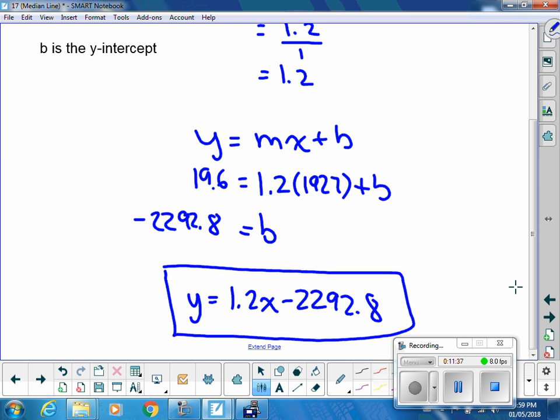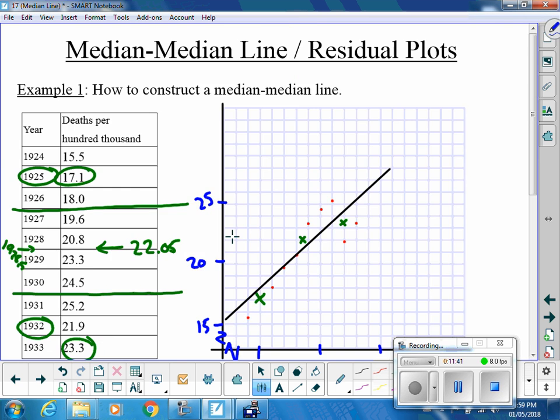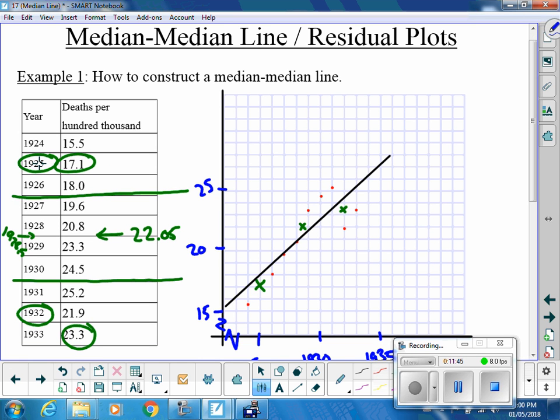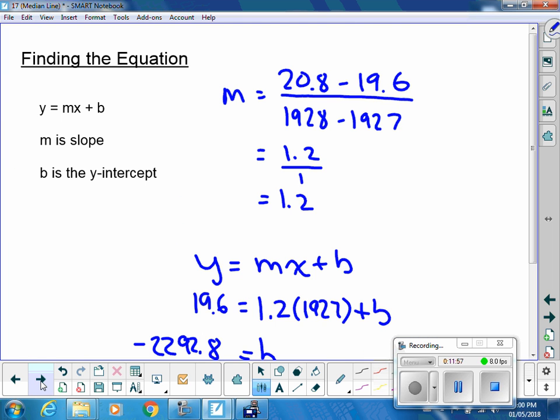A way around that, if you don't like that, would be to relabel these and say, instead of using 1924, 1925, just call them 24, 25, 26, and that would shorten it up a little bit. You're saying that year 0 is going to be the same as 1900. So that's the way you can get around it.